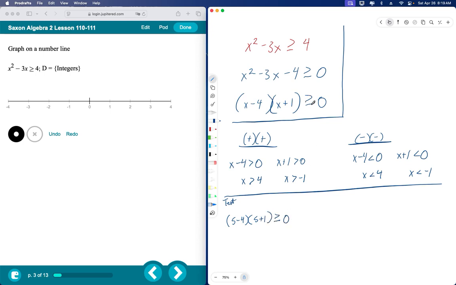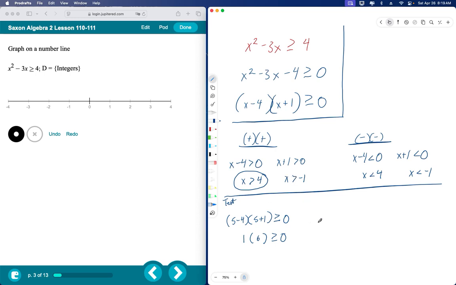Now I go back to that same inequality because now I am actually testing the whole statement, right? So I've got a positive 1 times 6 is 6. It is greater than 0. So this is a true statement.